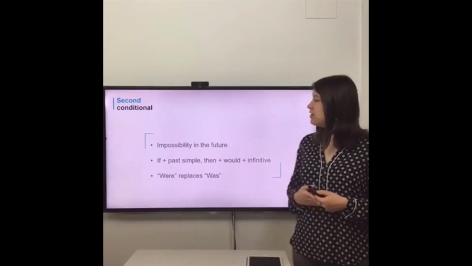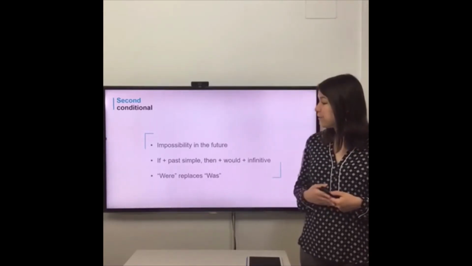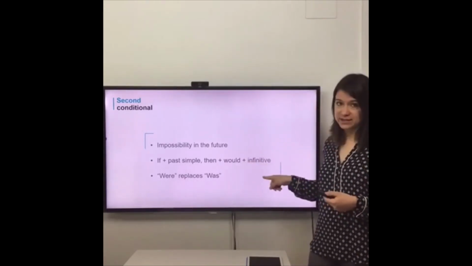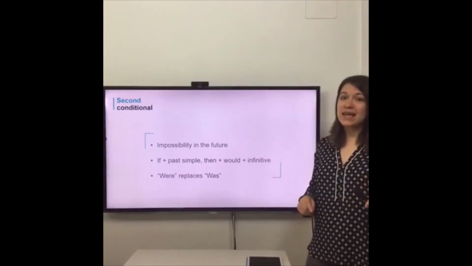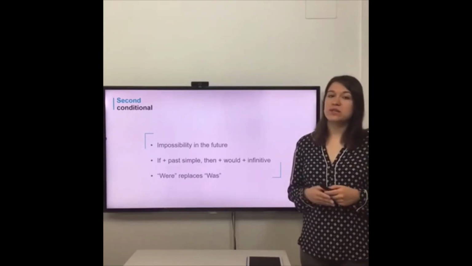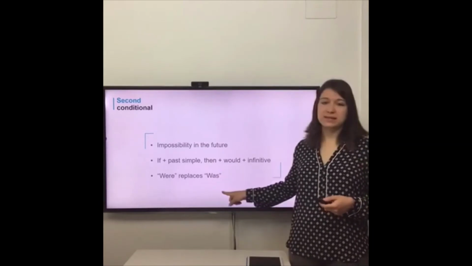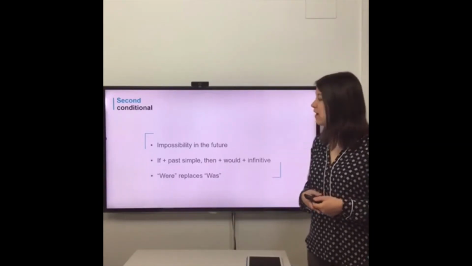We form this with if plus past simple, then would plus infinitive. We use would instead of will because it is impossible. And always, if we're using the verb to be in the second conditional, were replaces was, no matter the subject. We'll see an example of this now.